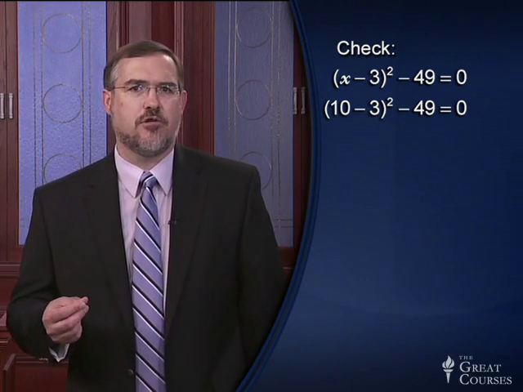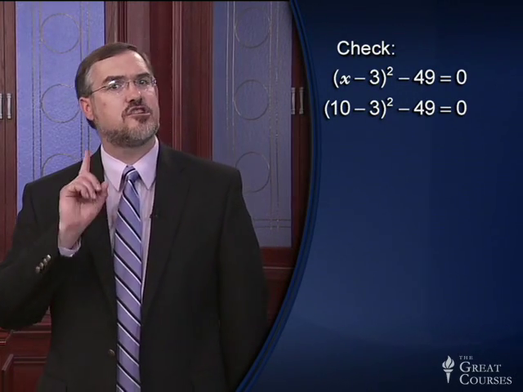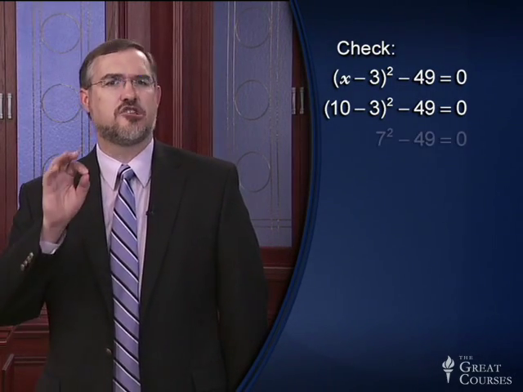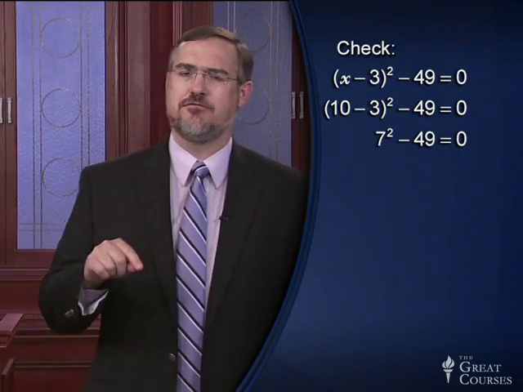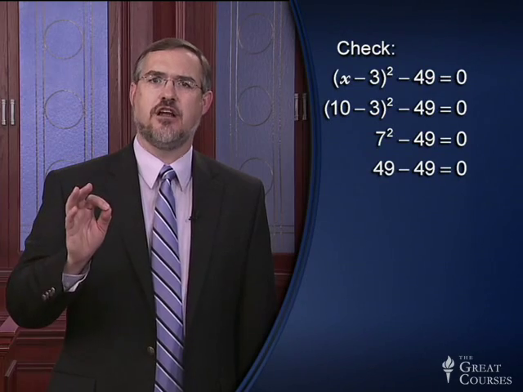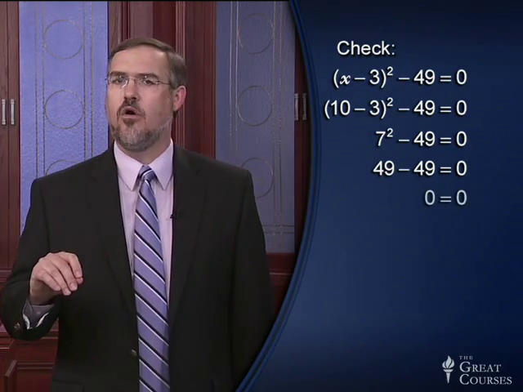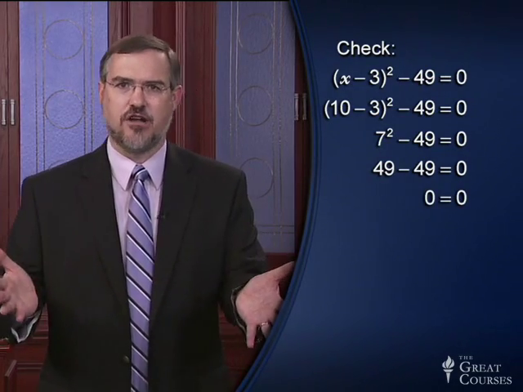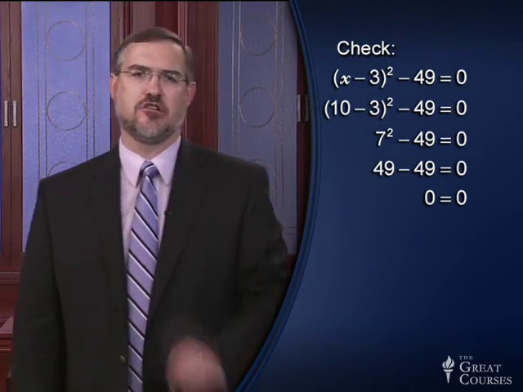By order of operations, I've got to do the 10 minus 3 first because it's inside the parentheses. So I'll have 7 squared minus 49 equals 0. Now I do the exponentiation, so I have 49 minus 49 equals 0, or 0 equals 0. 0 does equal 0, so 10 is a solution.